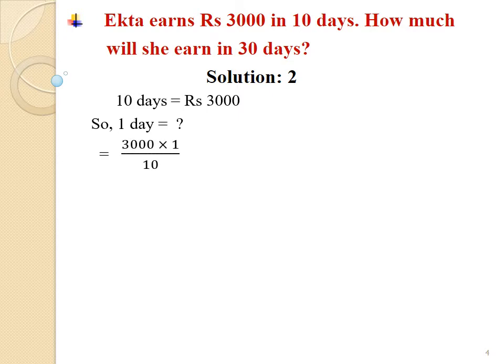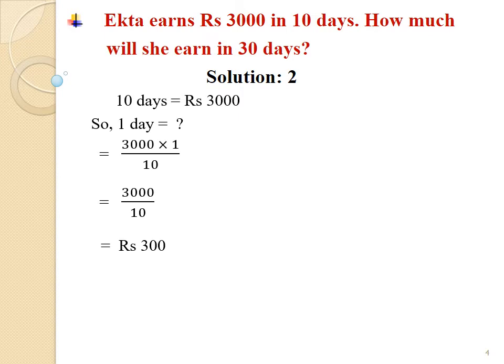Now, multiplying 3000 by 1 and keeping denominator 10 as it is, we get 3000 upon 10. Now, dividing 3000 by 10, we get 300. Thus, Ekta earned rupees 300 in 1 day.